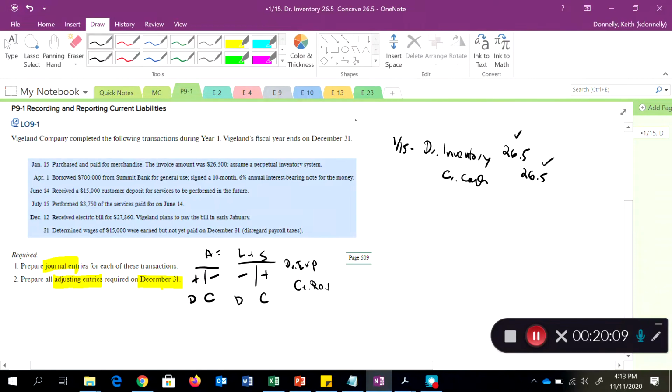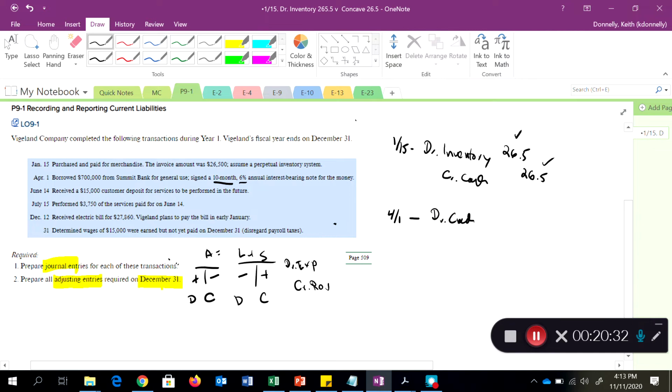Next one here on 4.1. Borrowed $700,000 from the bank for general use. Signed a 10-month, 6% interest-bearing note. So we know that we got cash, right?